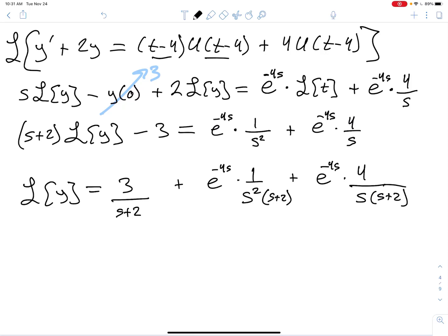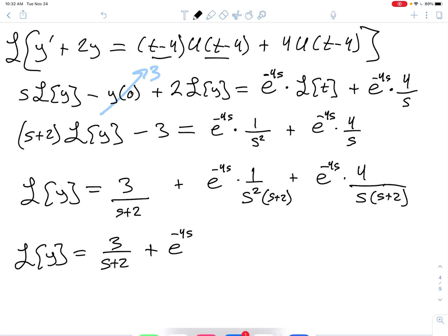And now we're in a position to work this out. But I think we're going to need some partial fractions for that, aren't we? So we're going to have 1 over s squared (s + 2). We're going to need to split that.